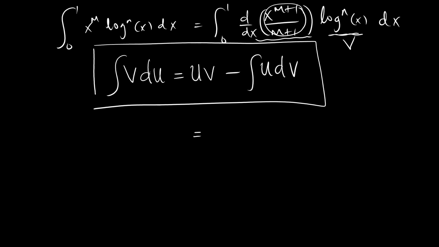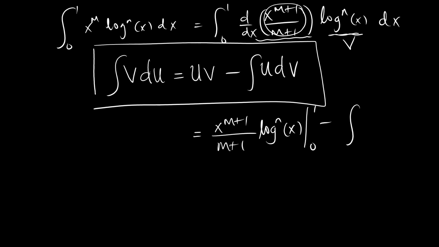So our integral becomes uv, which is x to the power m plus 1 over m plus 1 times natural logarithm of x to the n, minus, we can pull the constant out, 1 over m plus 1 times the derivative of natural logarithm of x to the n dx.